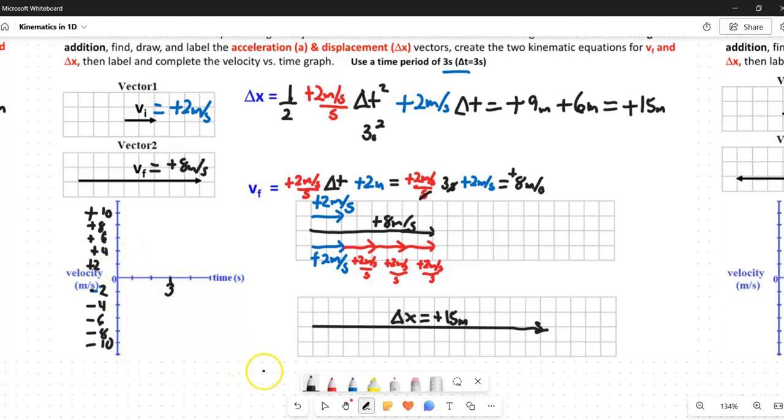So when it was first moving, it started out here moving at +2 meters per second, and in the end, it was moving at +8 meters per second. There we go. And if you do this area relative to this data point, this point right here, it's kind of weird.